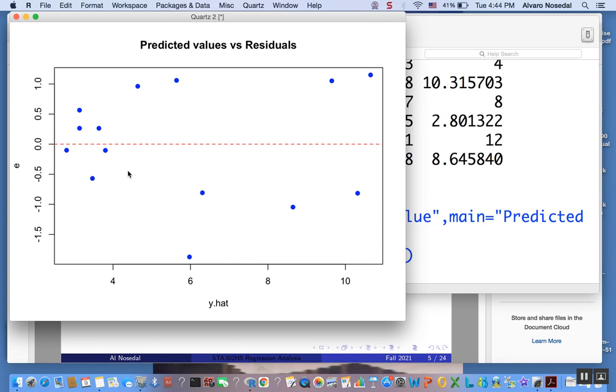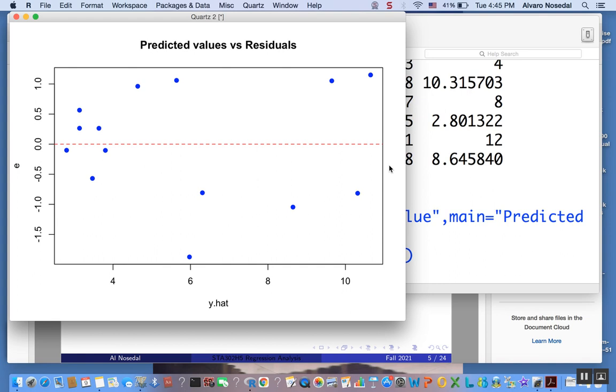The second one, independence. What we said is that if we have the time at which the observations were collected, it would be a good idea to make a plot of time against the residuals. And then if we saw a pattern, for instance a cycle for those residuals, then that would make the independence of the errors not very reasonable.